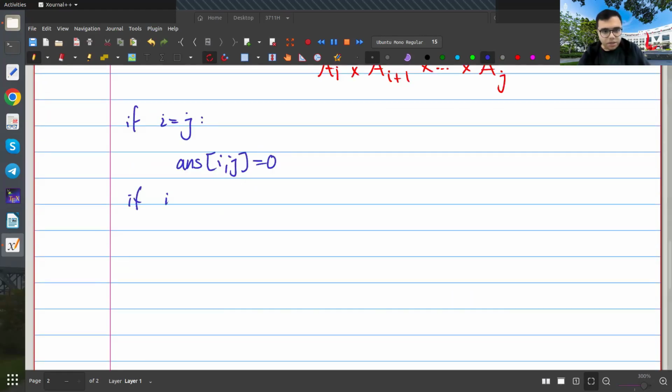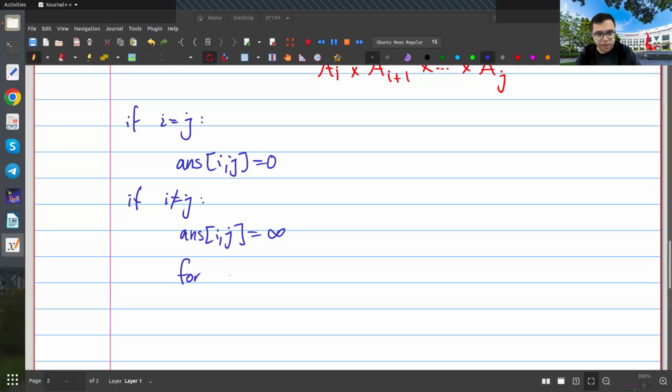If i is not equal to j, let's figure out which multiplication is the last one. So for every k, initially I'm just going to say my answer is infinity.